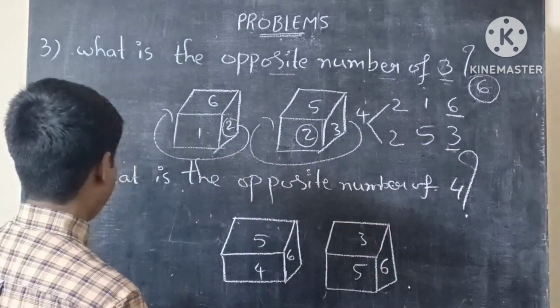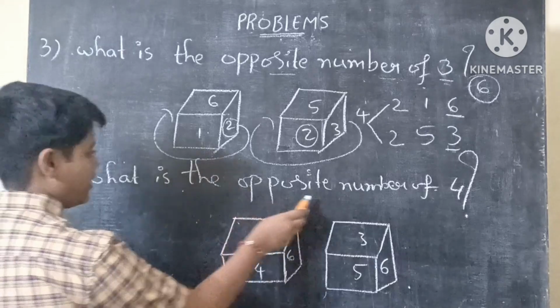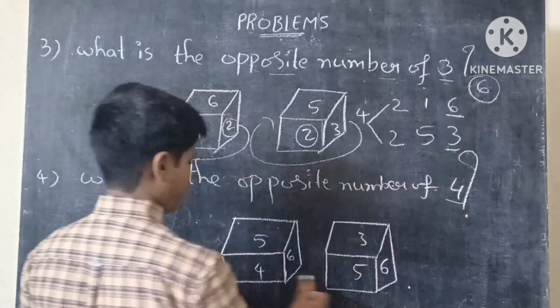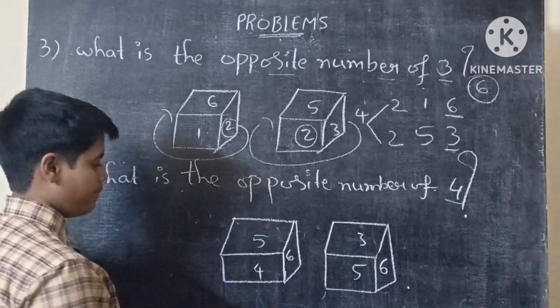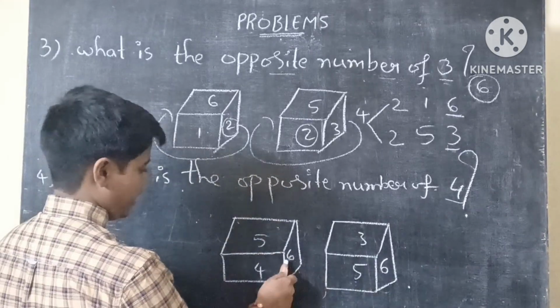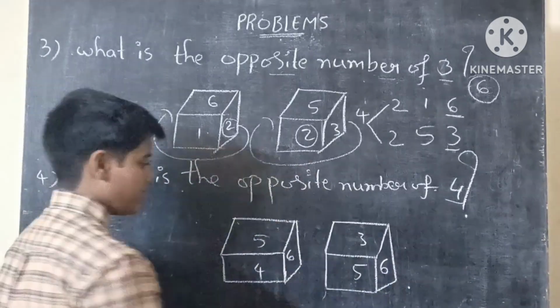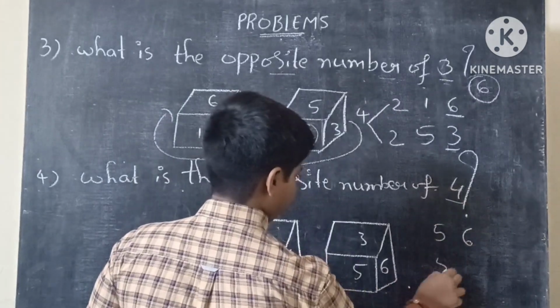And the fourth question, what is the opposite number of 4 in the given two dice? First we have to take the common numbers 5, 5 and here 6 and 6 also. So write 5, 6, 5, 6.